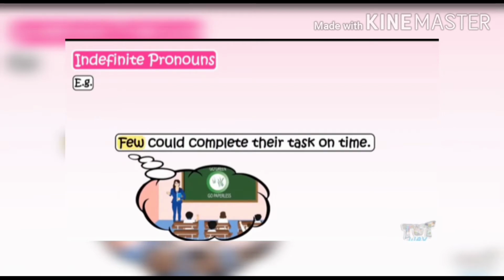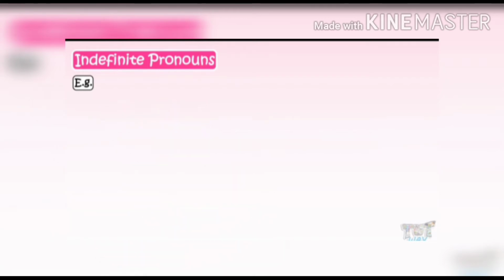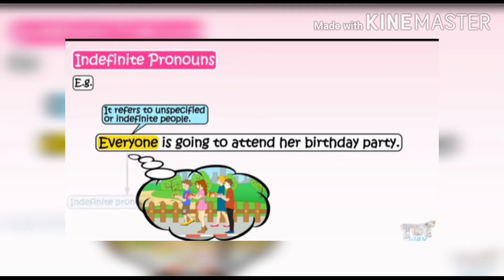Here, the pronoun few is referring to unspecified or indefinite people. So, it's an indefinite pronoun. Everyone is going to attend her birthday party. Here, the pronoun everyone is referring to unspecified or indefinite people. So, everyone is an indefinite pronoun.